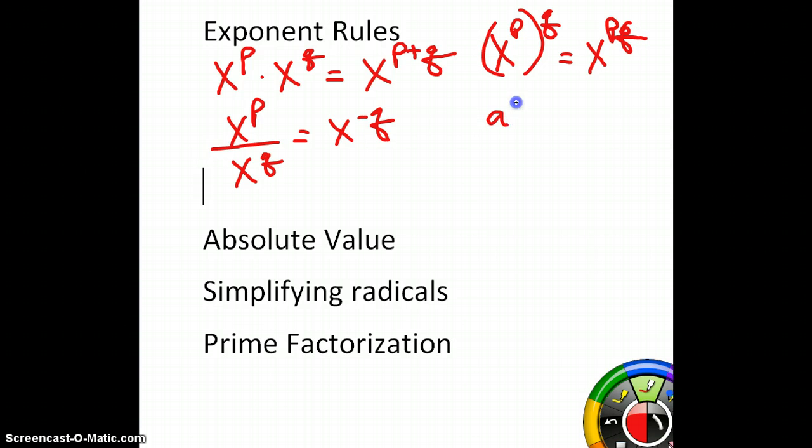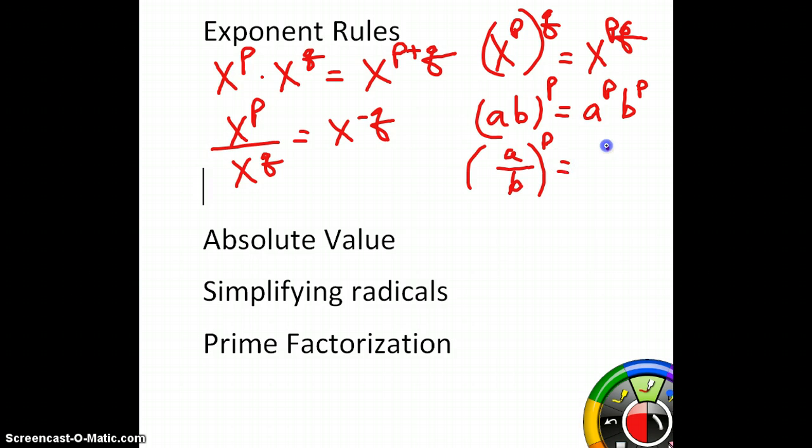If we have 2 things all raised to a power, we take each one of those things to the power. If we have a quotient raised to a power, then you take each one of those to the power, but we divide those. Negative powers, I don't know what you remember about negative powers, but a negative power just means 1 over the positive power.